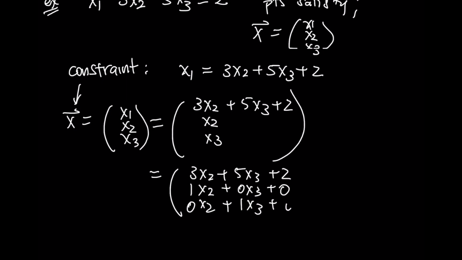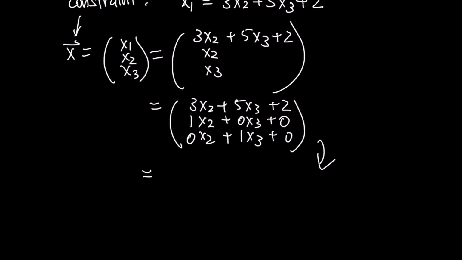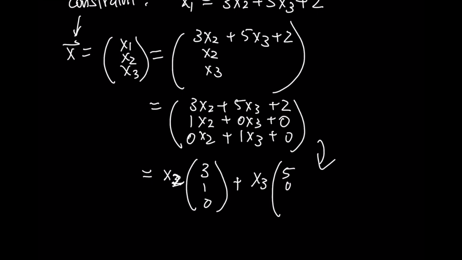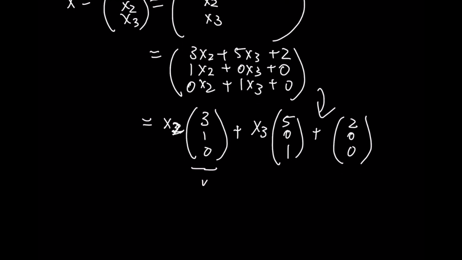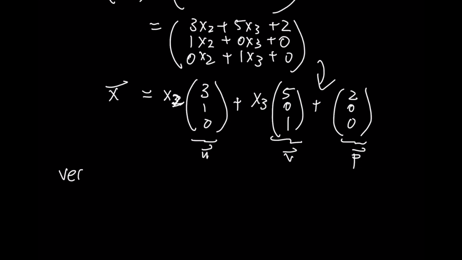If I were to use the vector properties like I did earlier, what I can do is split this up into 3 vectors. x2 will be the weight in front of the first one, x3 will be the weight in front of the second one, and the last one won't have any weights at all. I will call this u, I will call this v just like before, and I'm now going to call this some other point p.